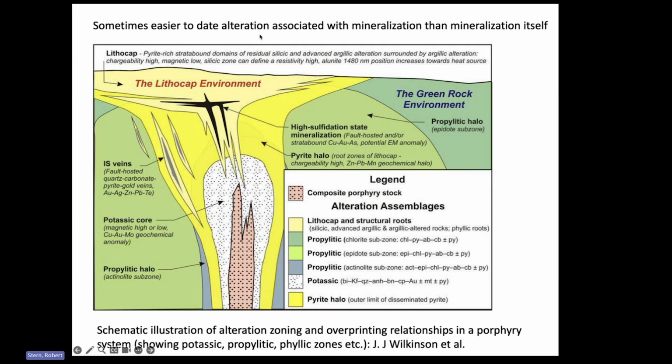So if you can date the age of the alteration, then you're basically dating the age of the mineralization. So that's something that can be done. And we'll talk more about alteration halos around ore deposits in this course.